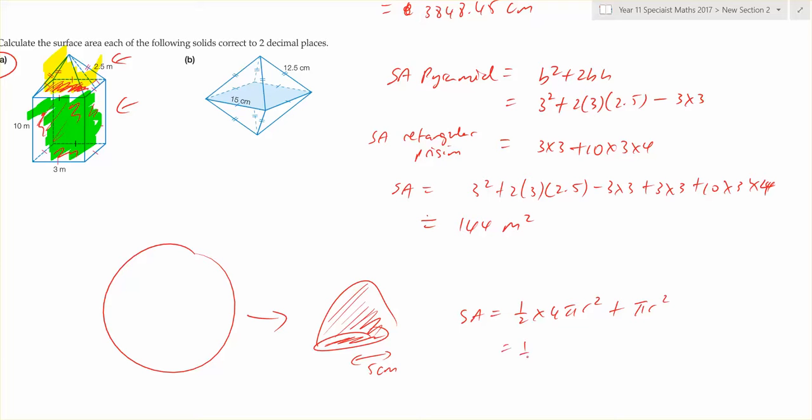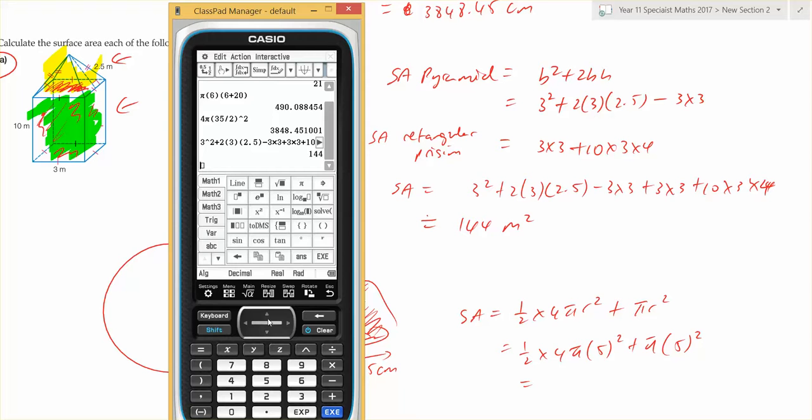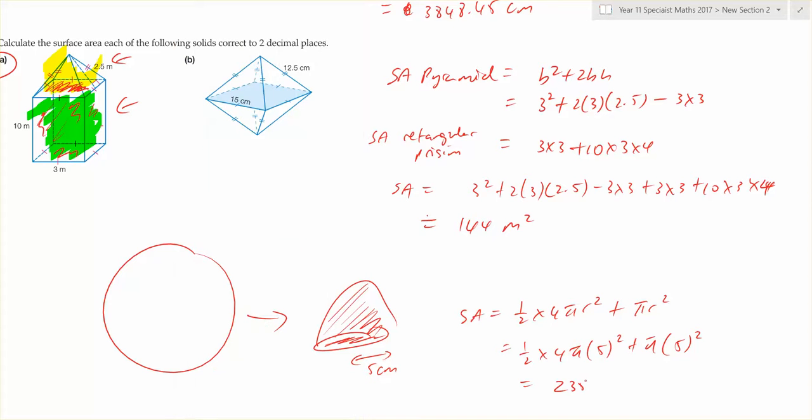So half times 4 pi 5 squared plus pi 5 squared, which gives me 235.62, and again units are centimeters squared.